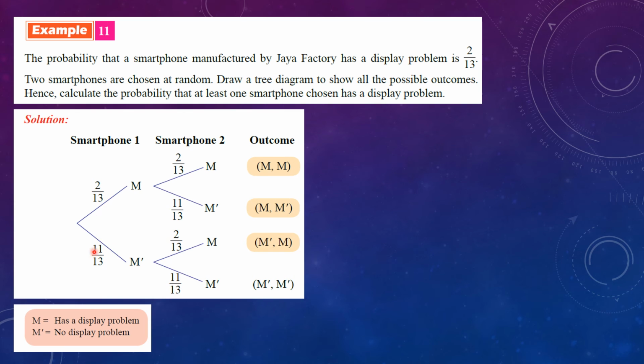For no display problem, how do we find the probability? We take 1 minus 2/13. So we get 11/13. 11/13 is no display problem. This is for the first smartphone. For the second smartphone, you do the same thing.